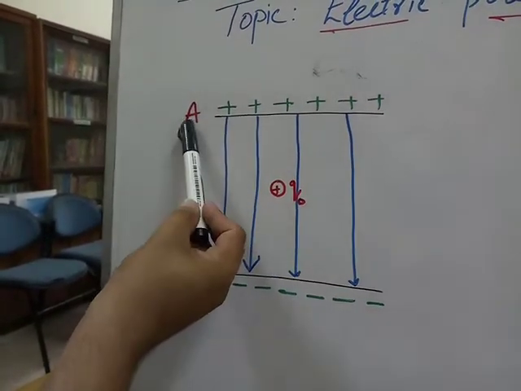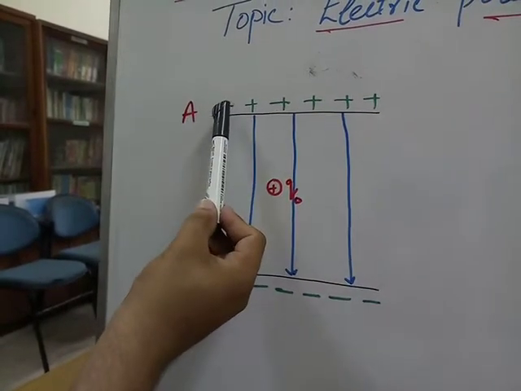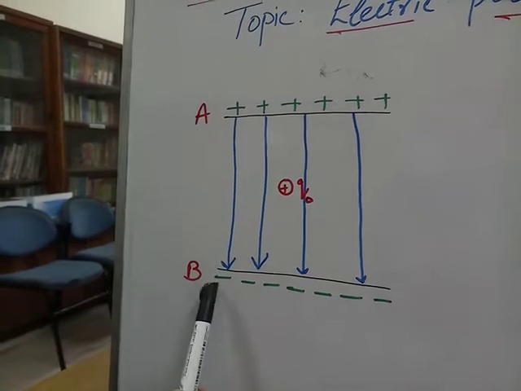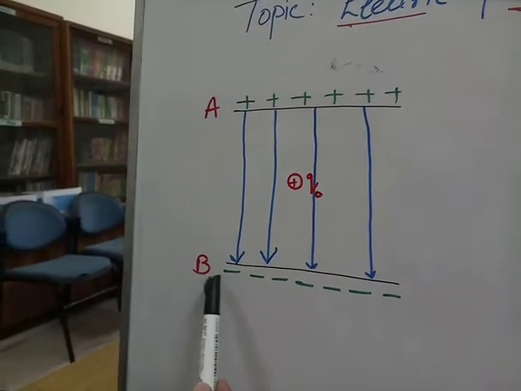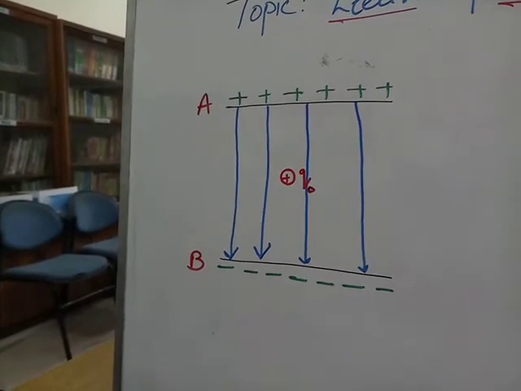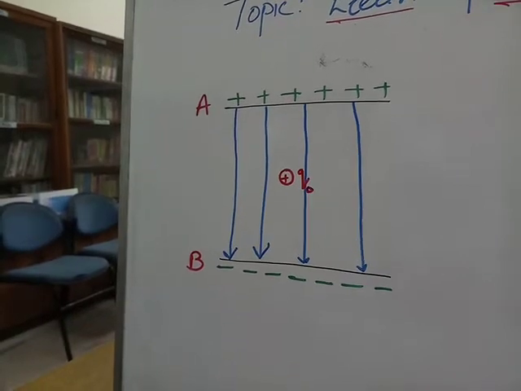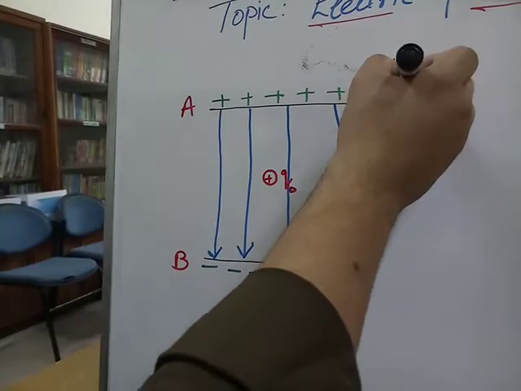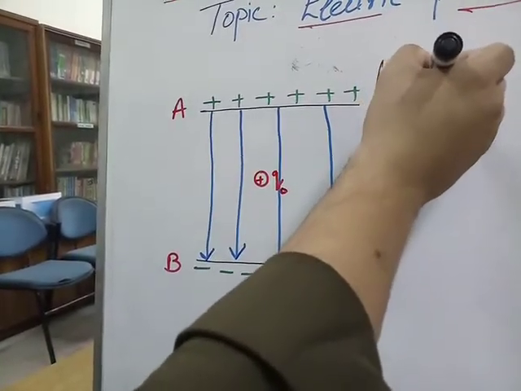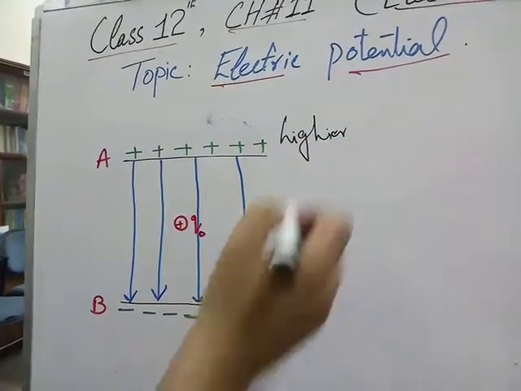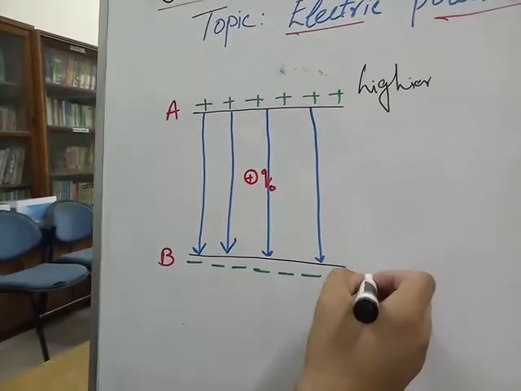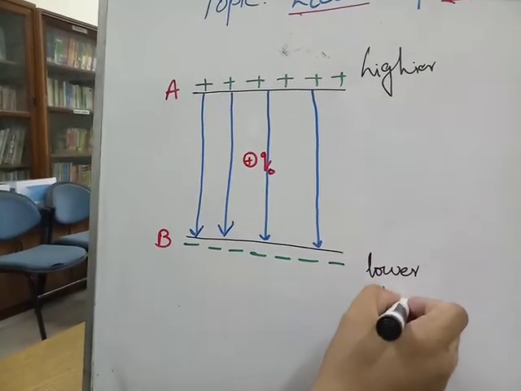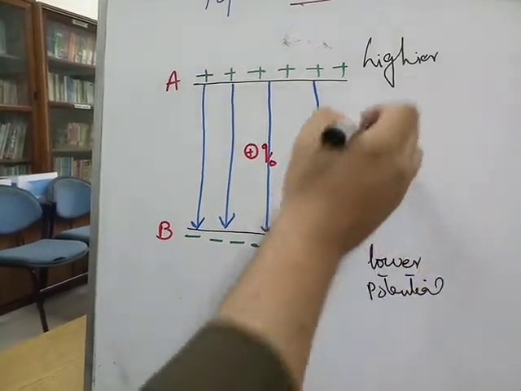One is plate A, which is a positively charged plate, and the other is plate B, which has a negative charge. So we can say that plate A is at higher potential and plate B is at lower potential.